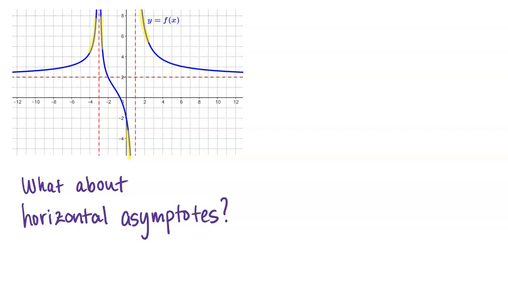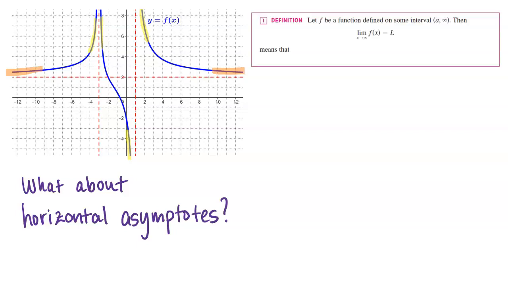What about horizontal asymptotes? Well, we look out here as x gets very large positive or very large negative, and we see that the y values seem to be heading towards 2. So let's look at another definition of a limit that has a key difference from the ones we've looked at so far.